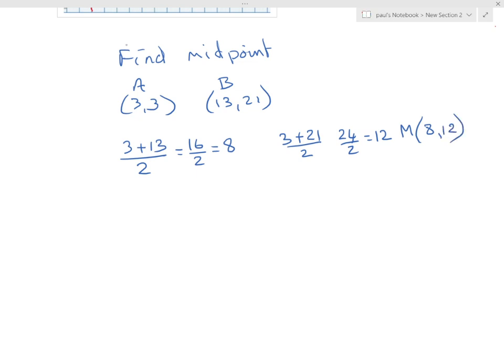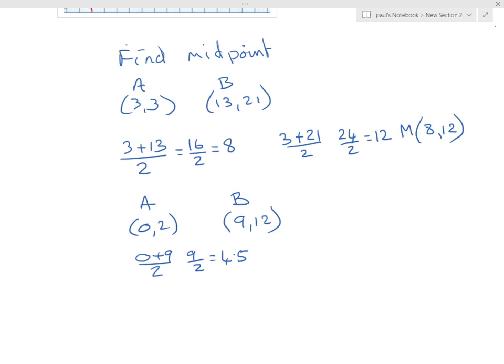So you can do it without even the graphs. Do another one of these. A and B. So A is 0, 2 and B is 9, 12. So 0 plus 9 divided by 2, which is 9 divided by 2, which equals 4.5.